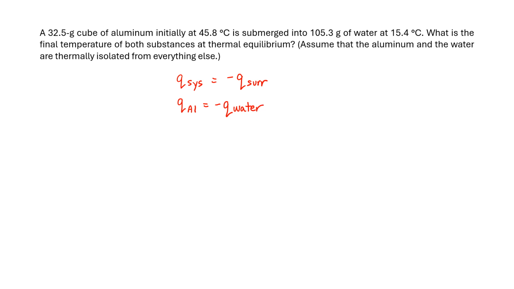Now let's write Q in terms of mc delta T. Q of the aluminum is equal to the mass of the aluminum times the specific heat of the aluminum times the delta T of the aluminum. This is equal to the negative of the mass of the water times the specific heat of the water times delta T of the water.